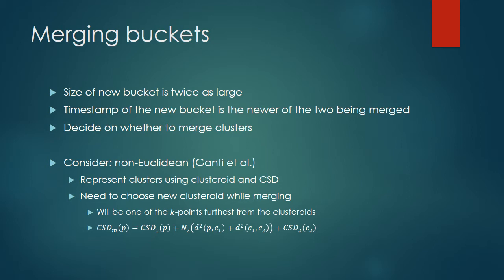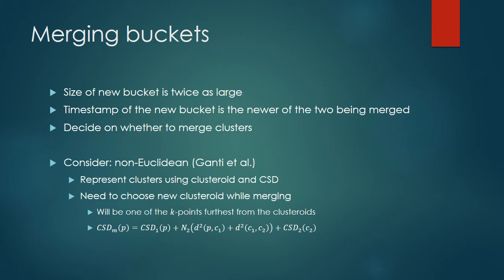So you want to compute for each of those k furthest points, what would its CSD be for the merged case? And that can be written in terms of the CSD in the first cluster, which you already have, the number of points in the second cluster, and the distance of moving from the center of the first to the center of the second, and then the CSD of the second. So in the first case, we move to the center and to each of the points. Now we are going from these points to the first center, second center, and then back to the points.